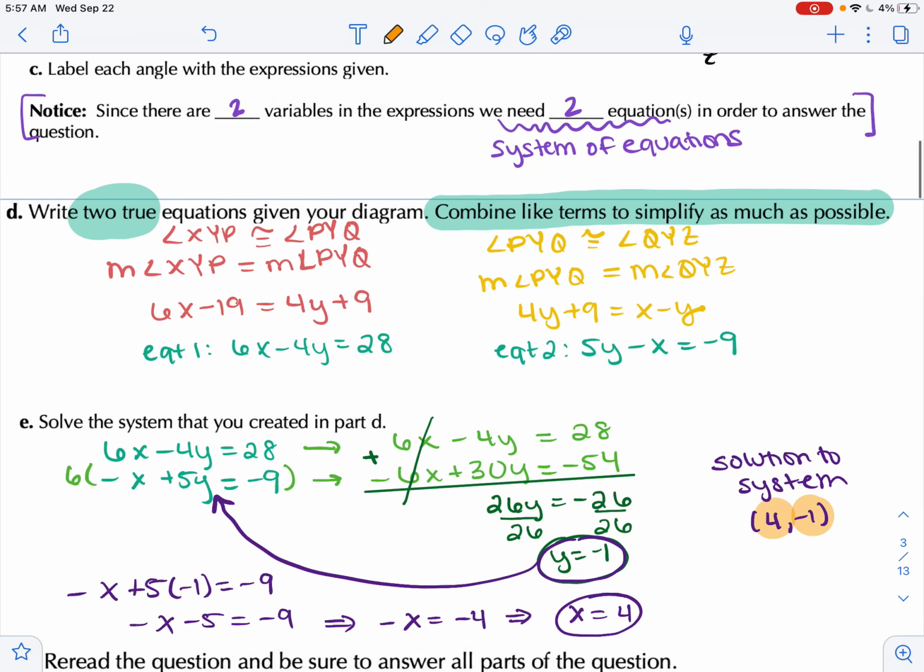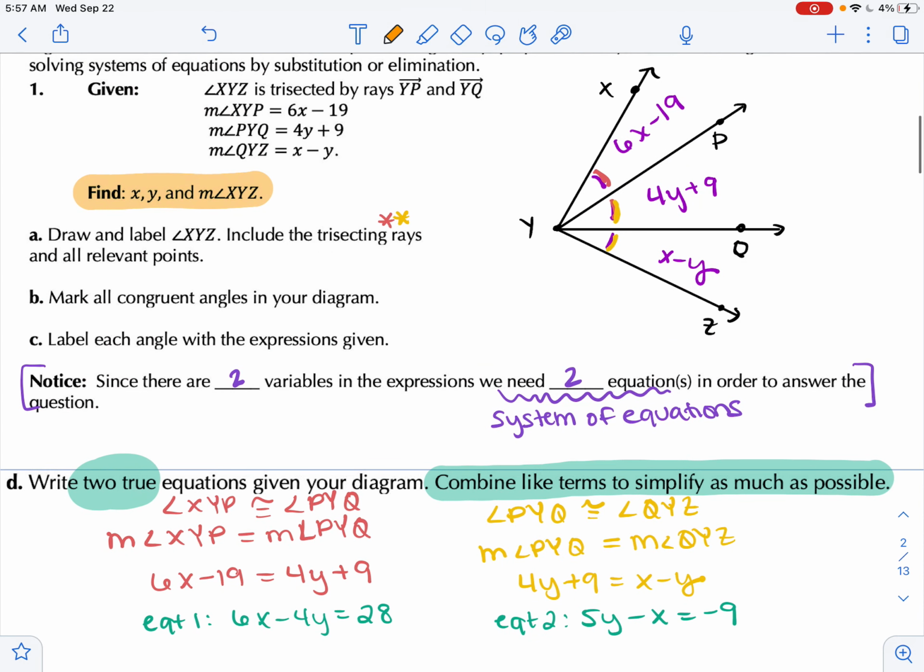The measure of angle XYZ, well, if I look at X to Y to Z, I need to figure out all of these and add them together. Remember though that all three of those are the same value because of the trisecting rays. So I really just need to figure out the value of one of these angles and multiply it by 3 to answer this question.